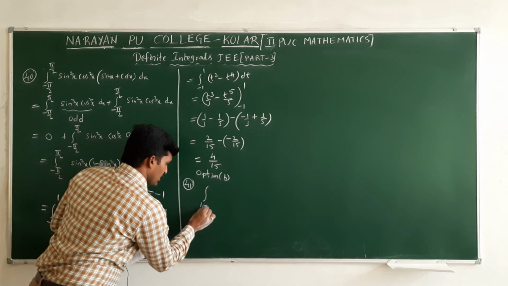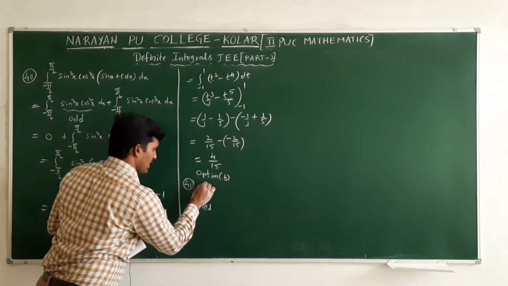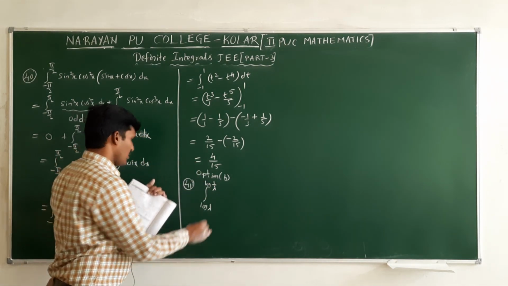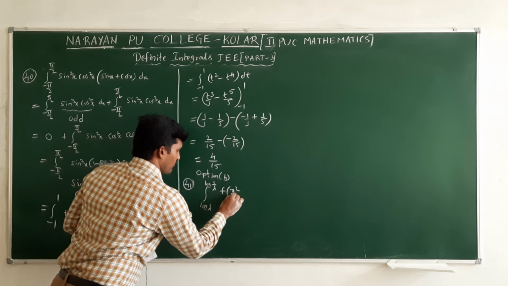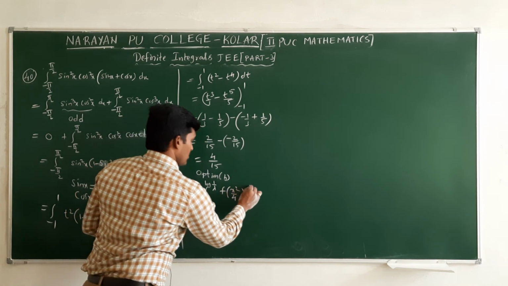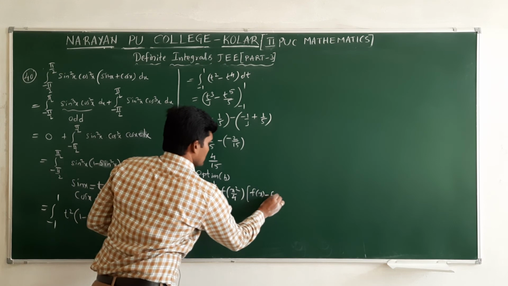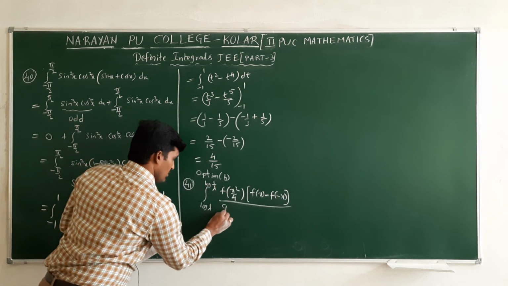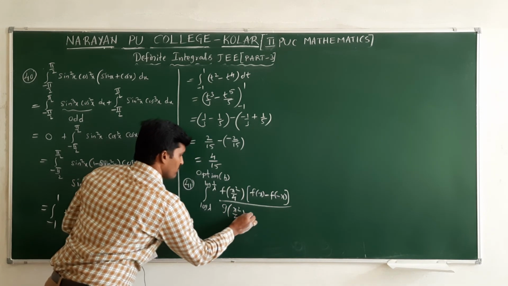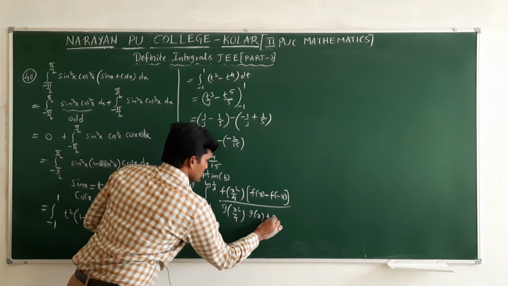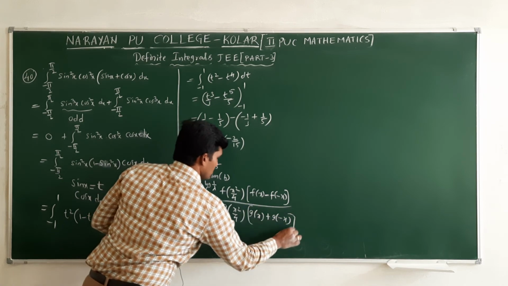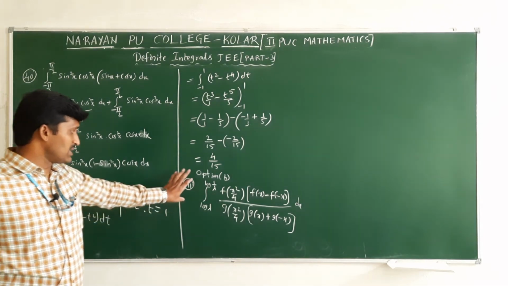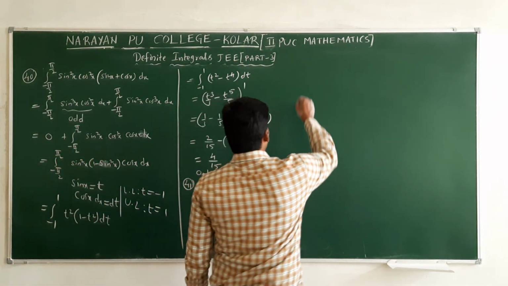They have given the integral from log lambda to log of 1 by lambda of f of x square by 4, f of x minus f of minus x, by g of x square by 4, g of x plus g of minus x, into dx. To check even or odd, first we need to change the limits in terms of integral minus a to a.